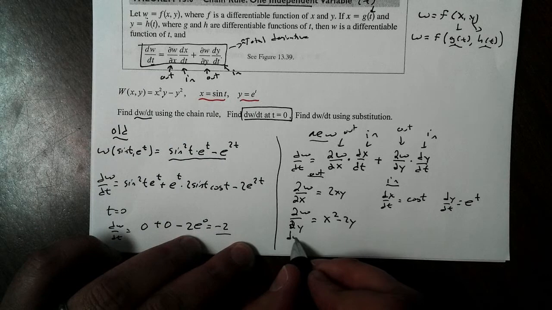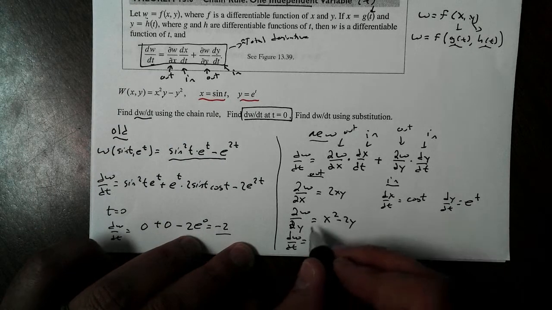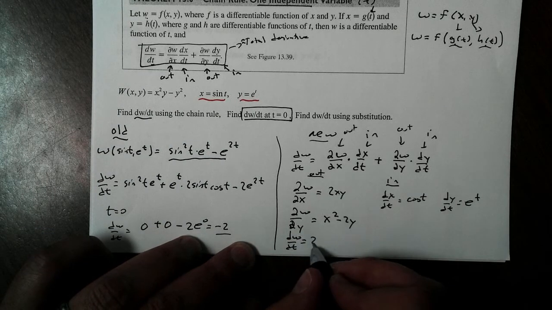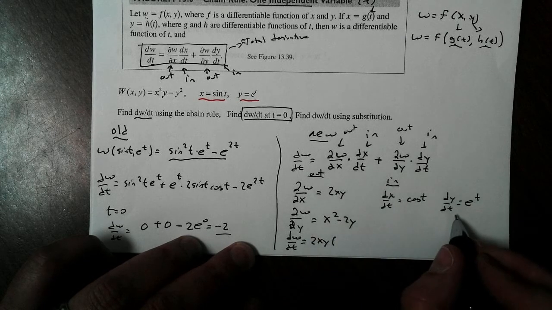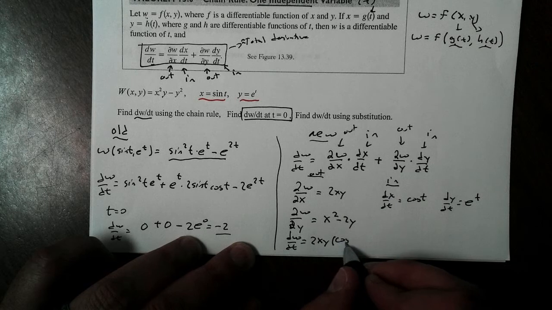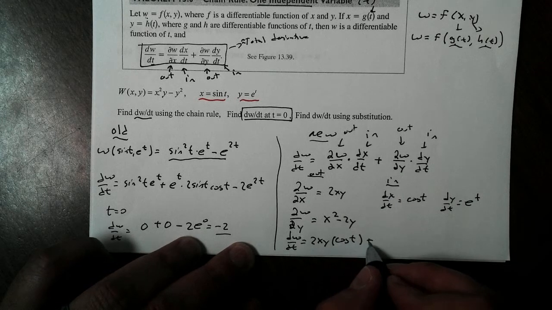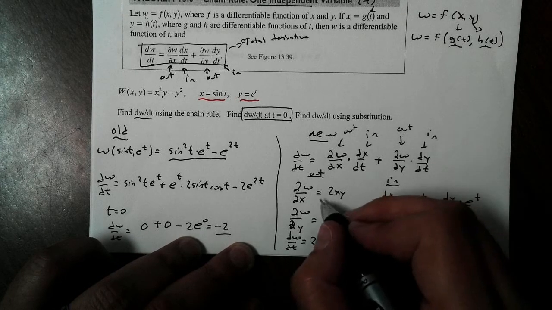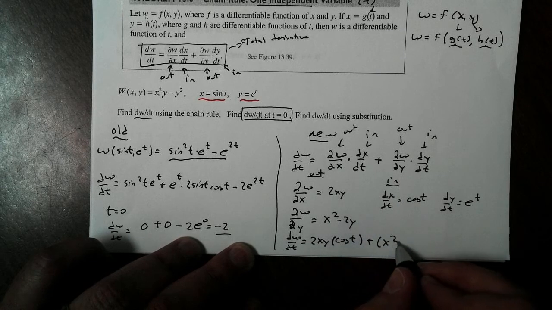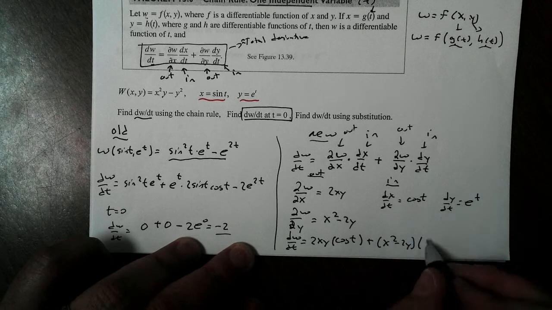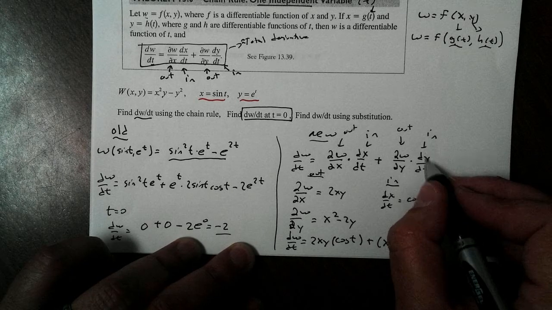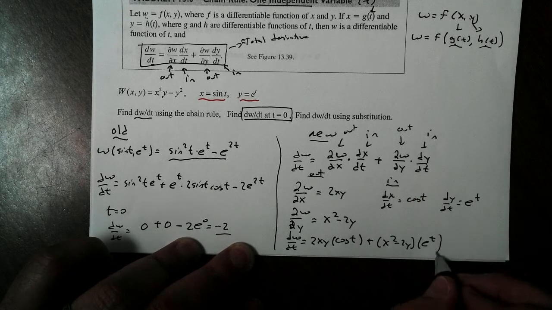And now I can just plug in everything. dw/dt equals 2xy times dx/dt, which is cosine t, plus the partial of w with respect to y, which is x squared minus 2y, times the derivative of y with respect to t, which is e to the t.